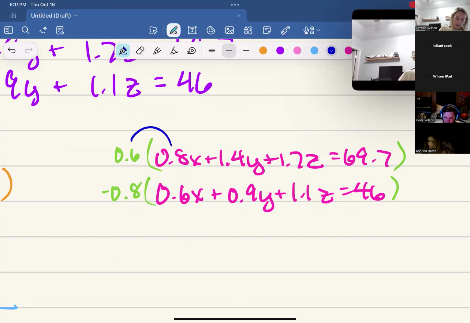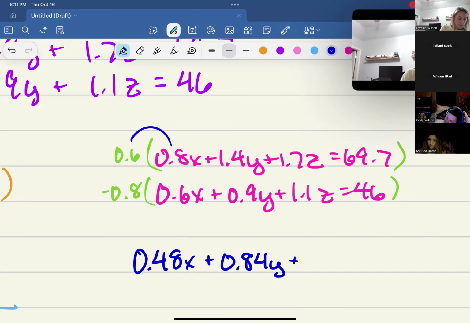So multiplying here, that's going to give me 0.48. And then multiplying the y's, that gives me 0.84. Oops. Multiplying z, that's 1.02. And multiplying the constant.